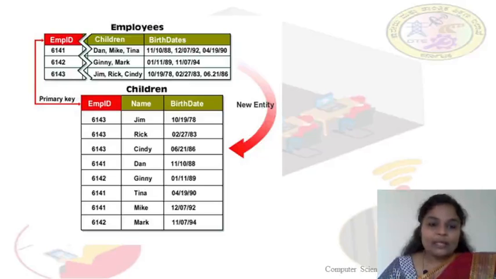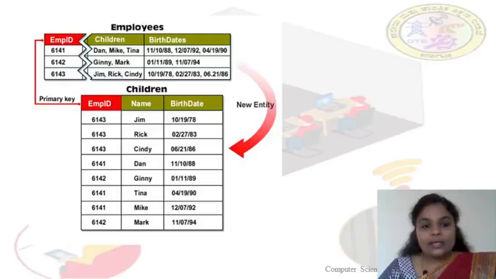In the employee table, there is an employee ID, children, and birth dates. See, this employee ID is slightly separated from the children and date of birth. Why is it so? We'll explore it further. For the time being, here you can make it out.